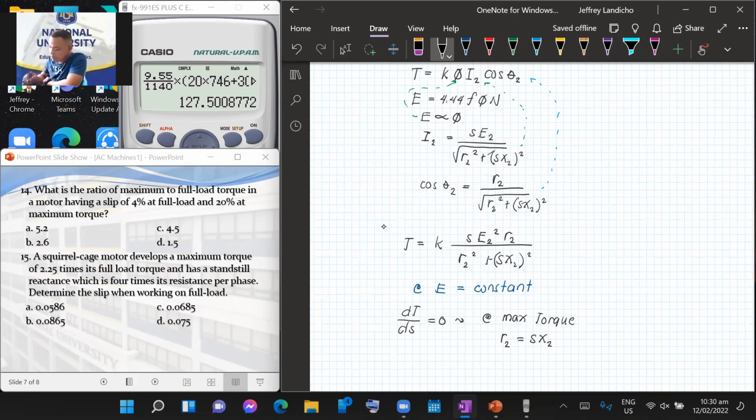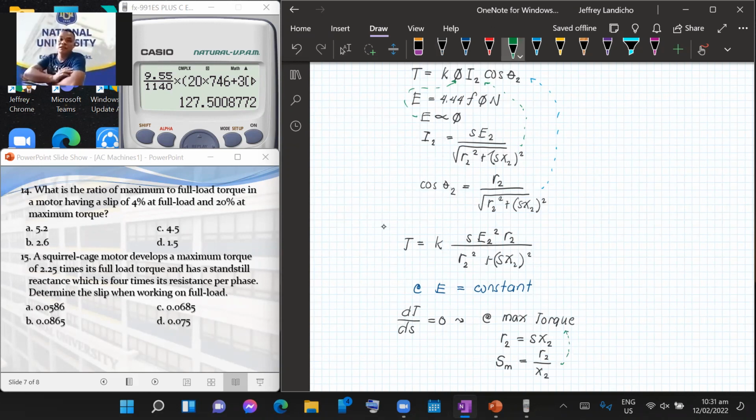So, ibig sabihin, kapag kinuha ko yung slip dyan, it represents the slip at maximum. So, this formula for slip, which is equal to R2 over X2, it is only applicable if the given torque is maximum. Nakuha ba?